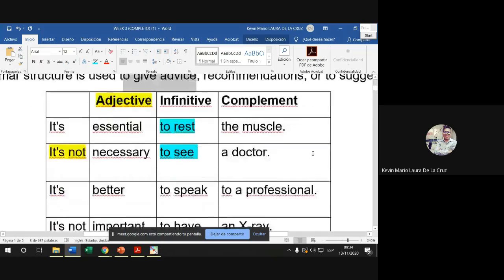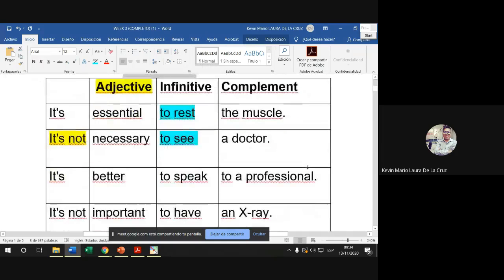Entonces, como les he comentado, vamos a trabajar con los adjetivos y sabemos que antes de los adjetivos trabajamos con el verbo to be, con el is and are. No necesariamente tenemos que usar sí o sí el it's o it's not. Podemos usar otros pronombres que sean útiles para nosotros, pero frecuentemente estos dos, tanto de forma afirmativa y negativa, nos van a ayudar a poder realizar lo que se necesita, ¿no?